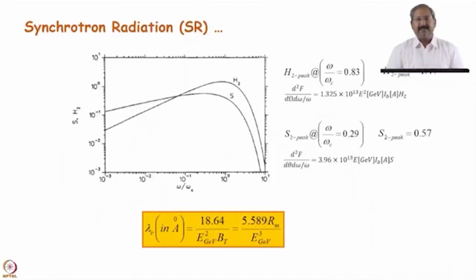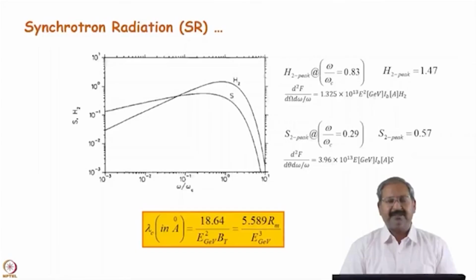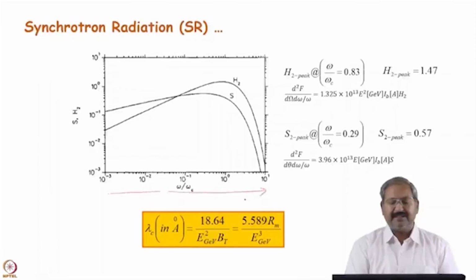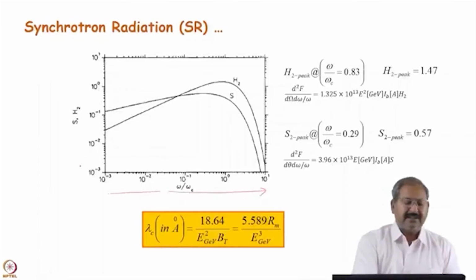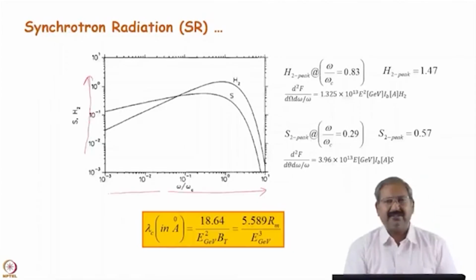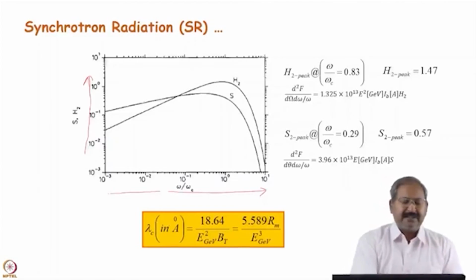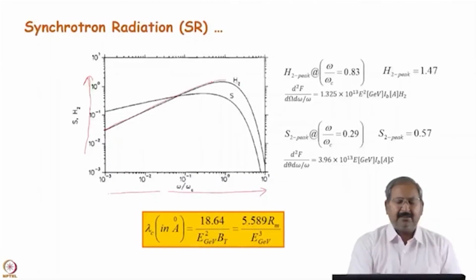Now you can see the spectrum of the emitted radiation. Here this is the frequency, and this is the sum factor which describes the intensity. So this is the intensity on the median plane.